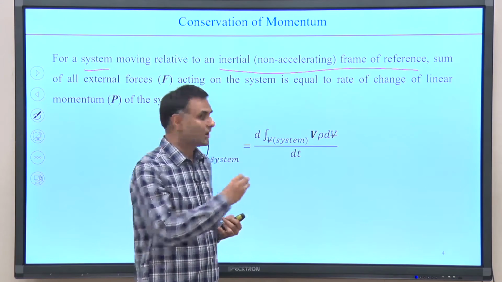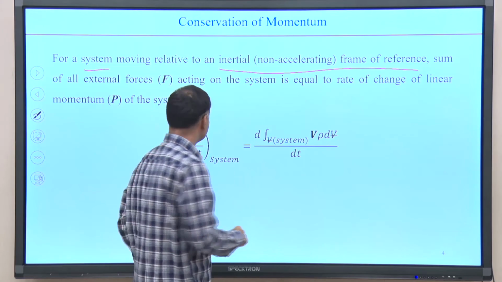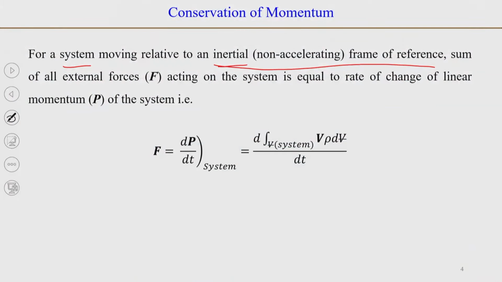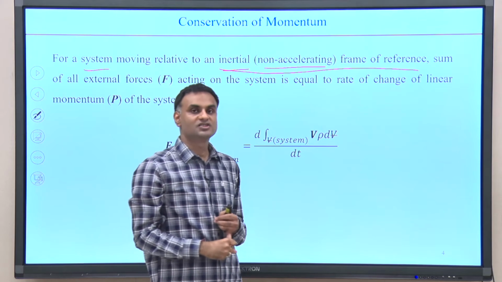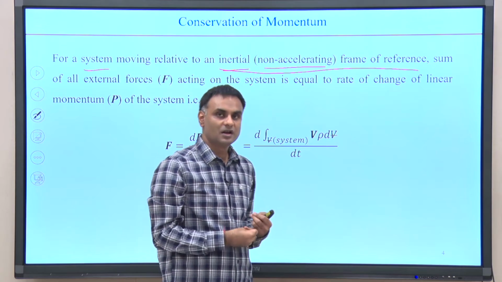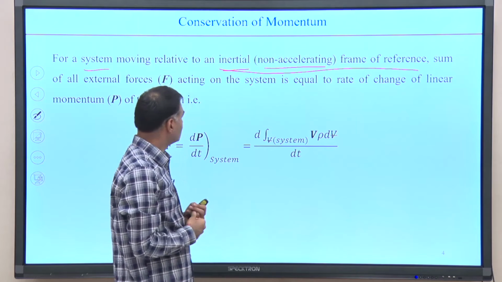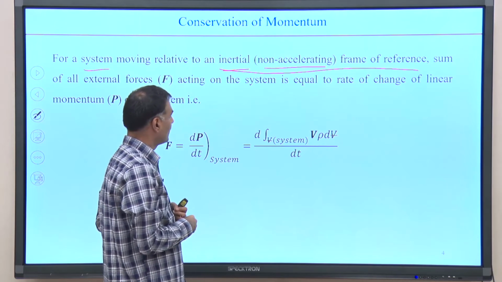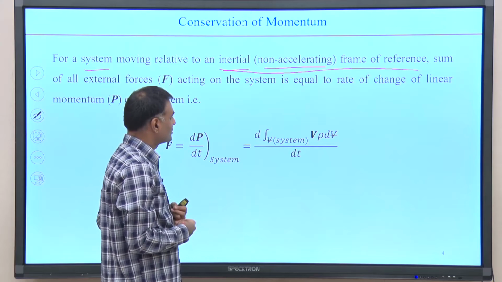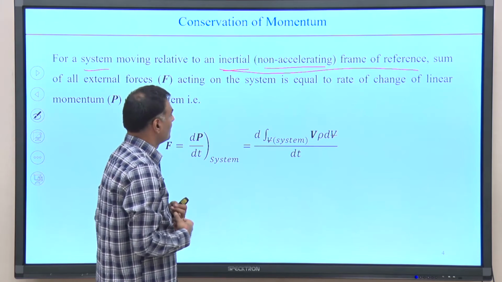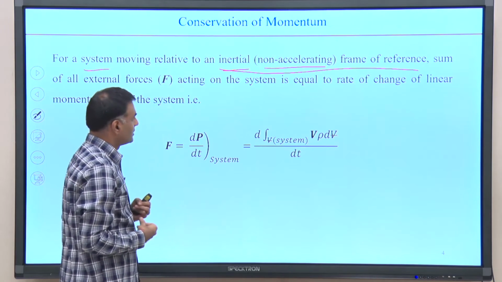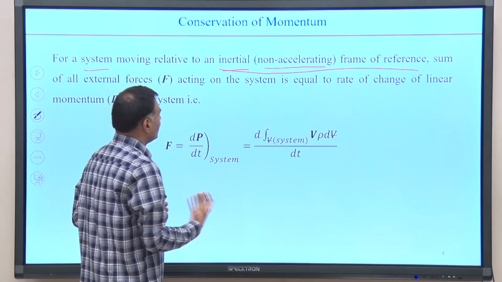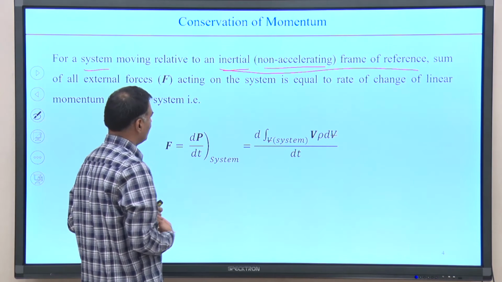To remind ourselves what inertial frame of reference means: the frame of reference is either stationary or it is moving with a constant speed or constant velocity. It is non-accelerating. When the frame of reference or our coordinate system accelerates, then it will be a non-inertial frame of reference.